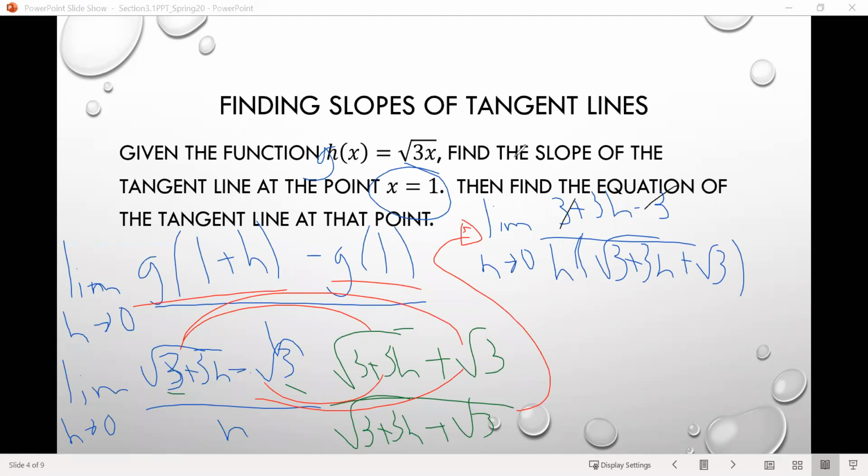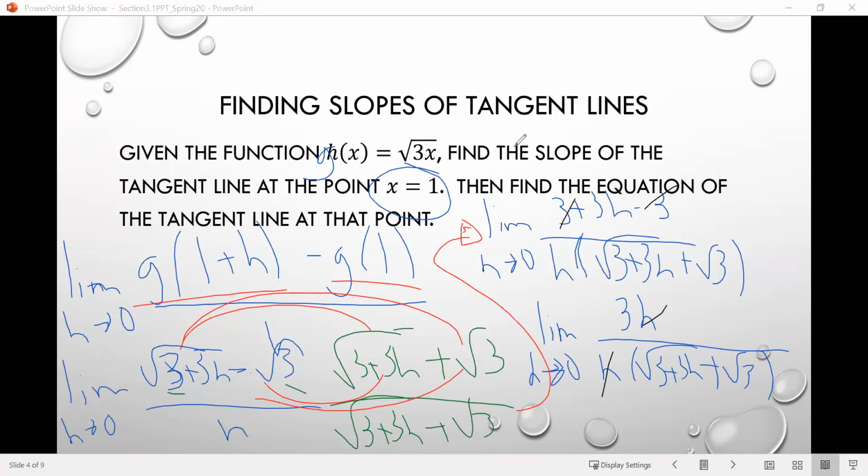So our limit here will become the limit as h approaches 0 of 3h all over h times square root of 3 plus 3h plus root 3. And notice now, even though that h on the top is with the 3, it's being multiplied. And the h in the denominator is also being multiplied by stuff. So we can actually cancel those out.